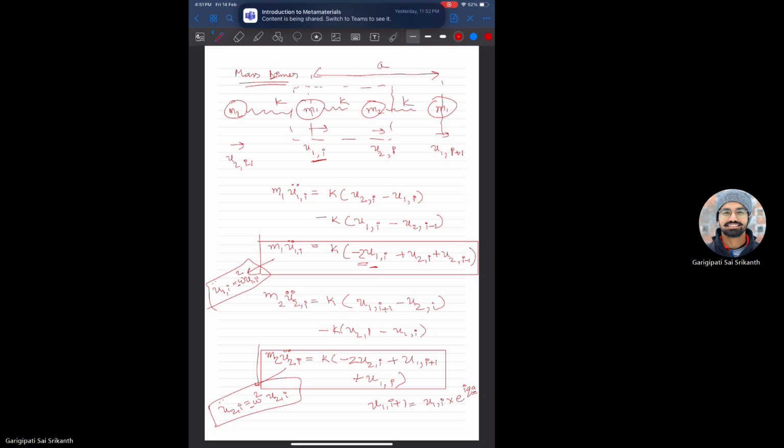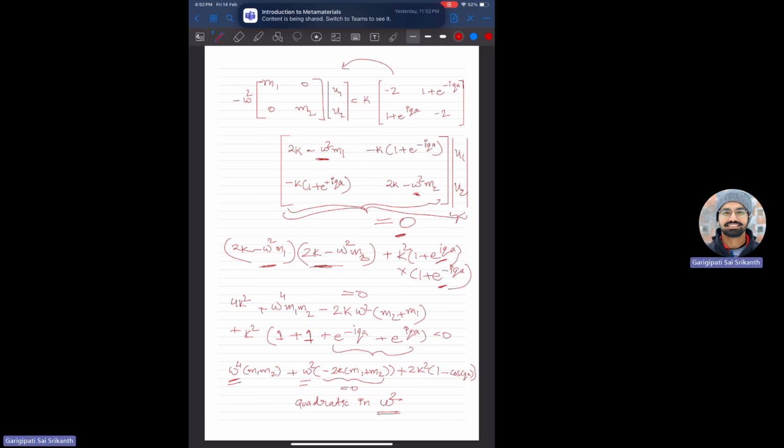This is nothing but F is equal to ma on the first free body diagram of m1, and F is equal to ma on m2, Newton's second law, right? And then appropriately we have converted the double dot into minus omega square u I format, which is characteristic of harmonic motions. So we get this.